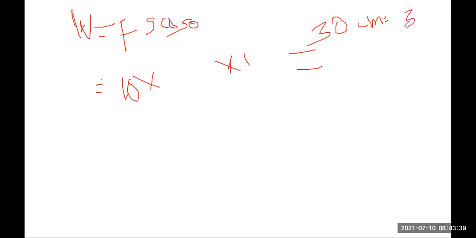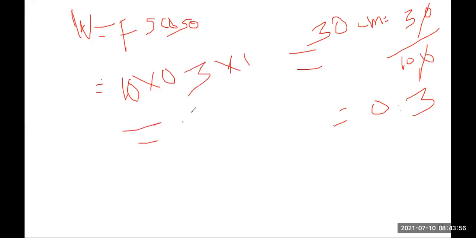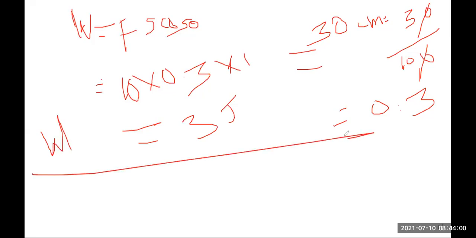Very simple, 30 divided by 100. Then what will we get? 0.3, not 0.03. So multiply by 0.3, then we'll get work done is equal to 3 joule. How much? 3 joule. Understood everyone? Yes, sir.